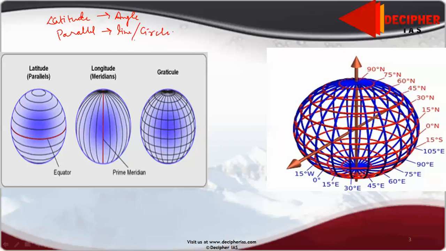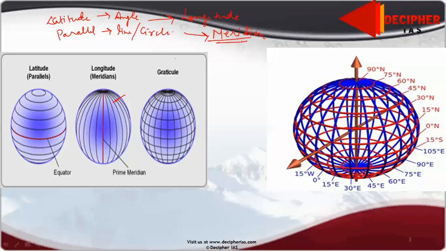Okay. Similarly, on the vertical part, longitude is angle and meridian is line or circle. So what do you mean by latitude?